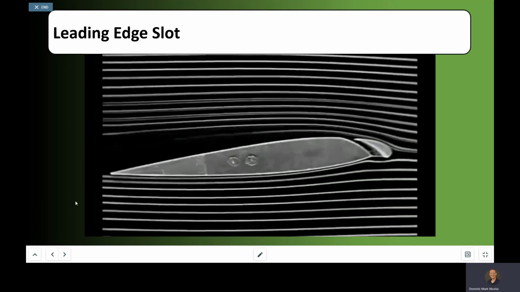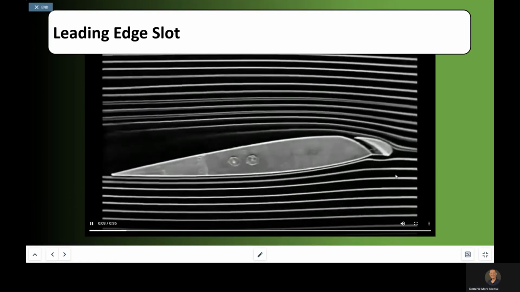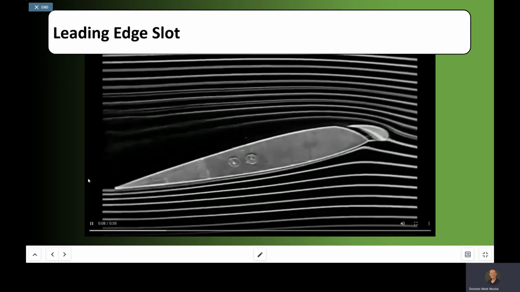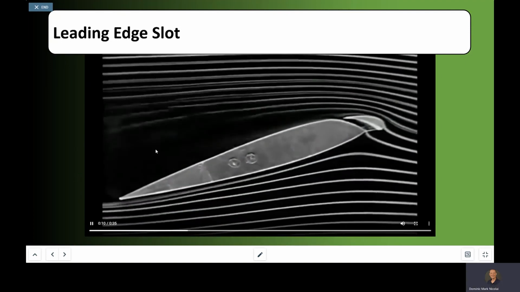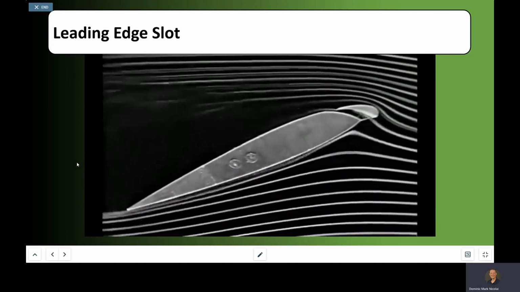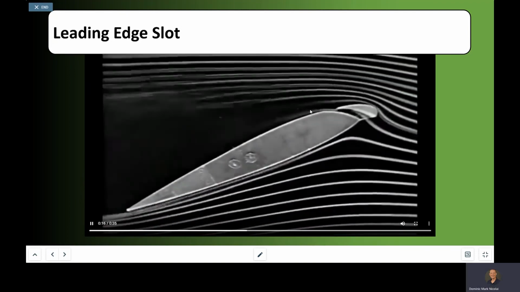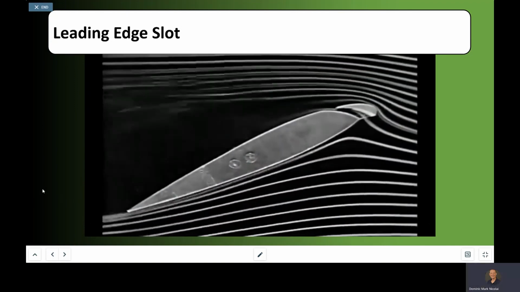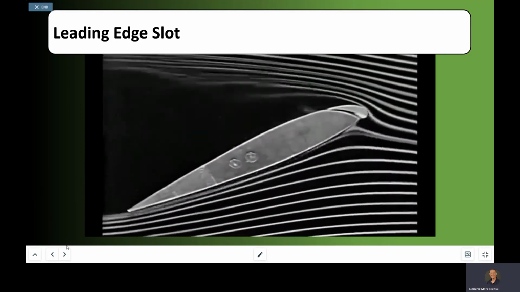And with that slot open, it helps to energize the boundary layer as we increase angle of attack. We really haven't had much separation until about the last fifth of that wing there. You can still see the airflow going through the slot and energizing the boundary layer as we go up into higher angles of attack.